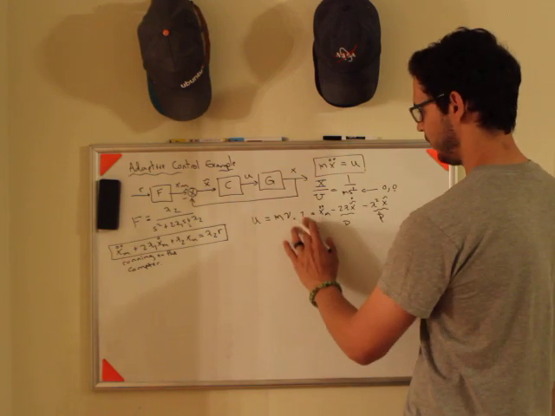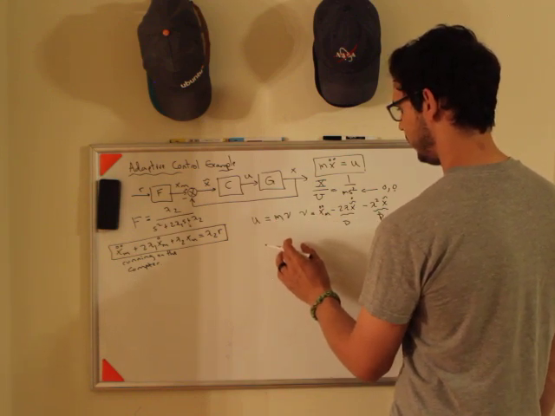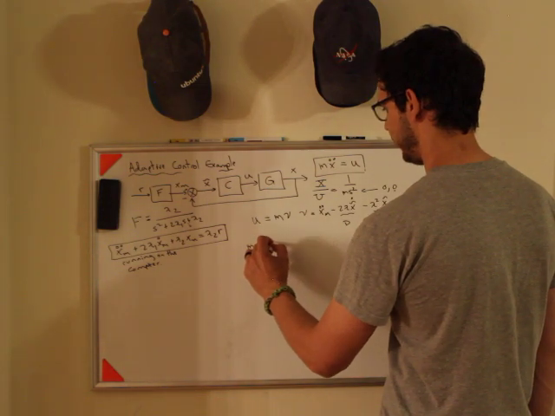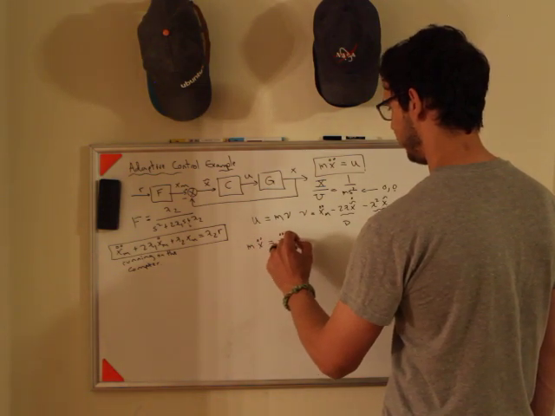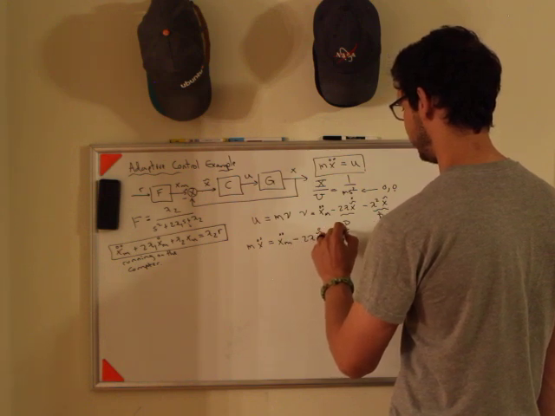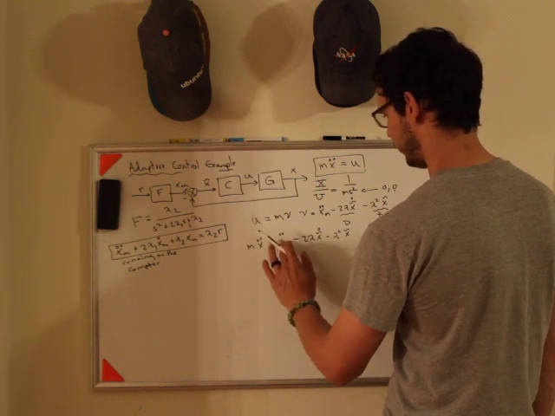Okay, these are the same variable here. If I plug this into here, and then plug this up here, what I'm going to get is m x double dot equals x model double dot minus 2 lambda x tilde dot minus lambda squared x tilde. If I bring this to the other side, there's an m somewhere.